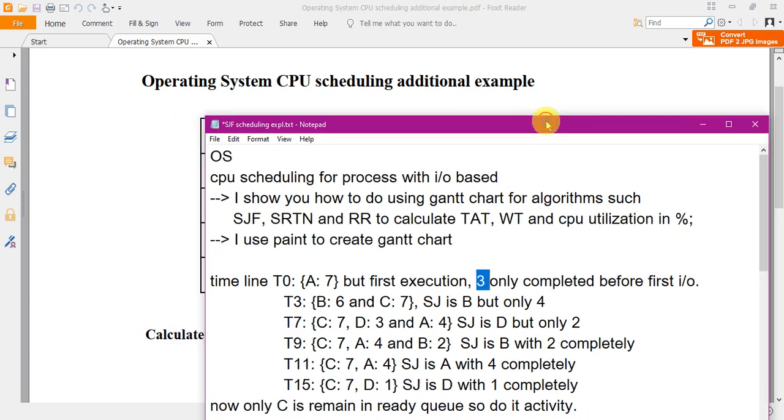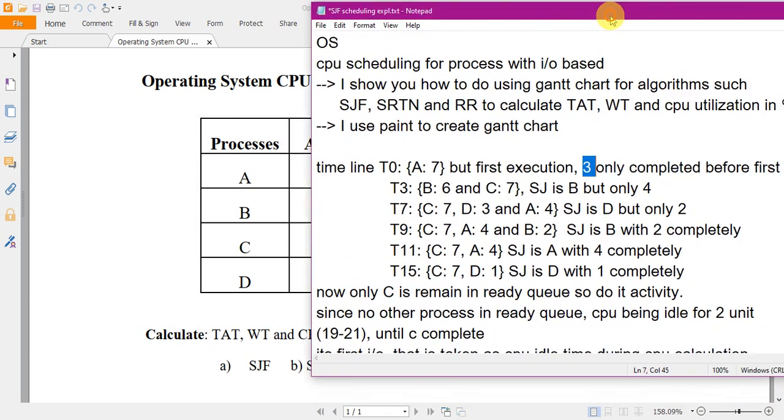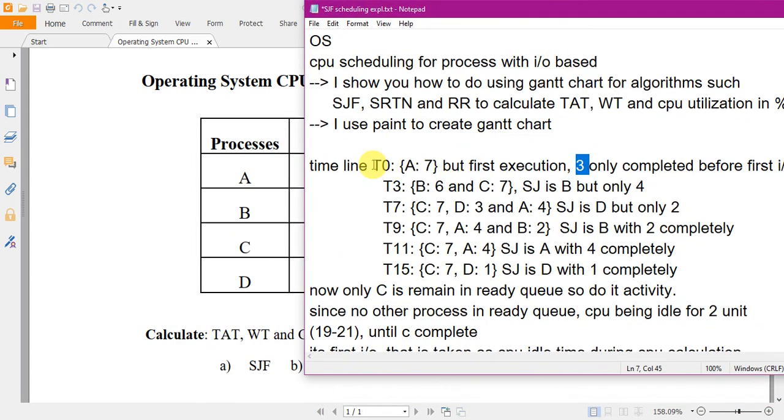So that's the timeline I prepared: at time 0, the only process in memory is A. Now I will show the Gantt chart.